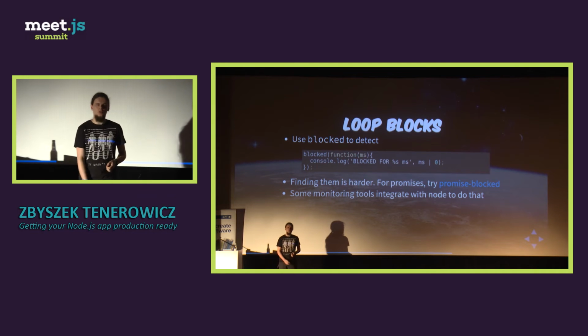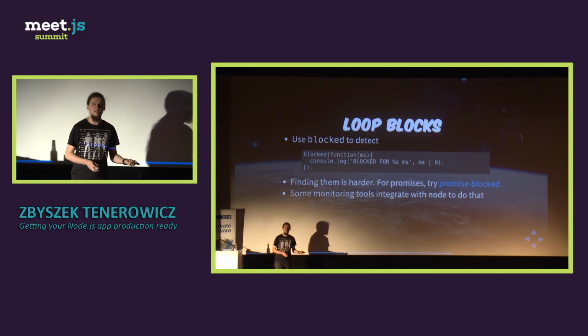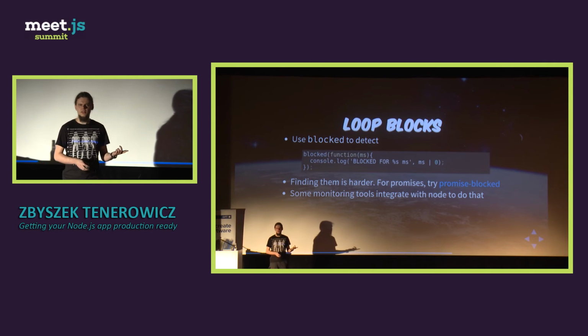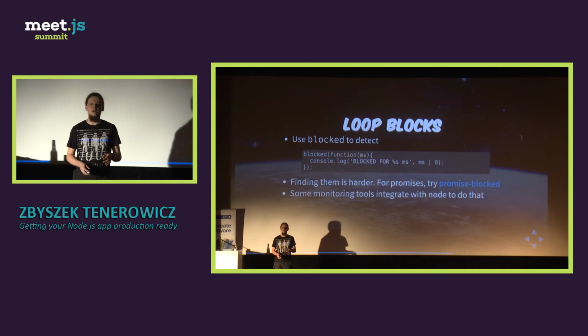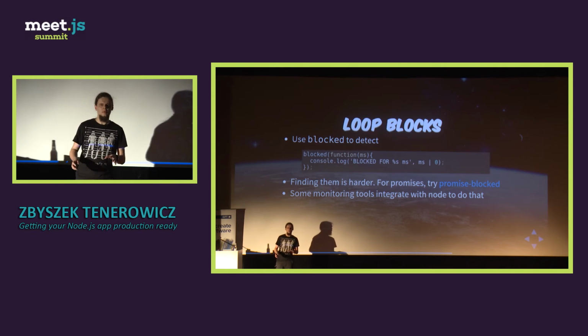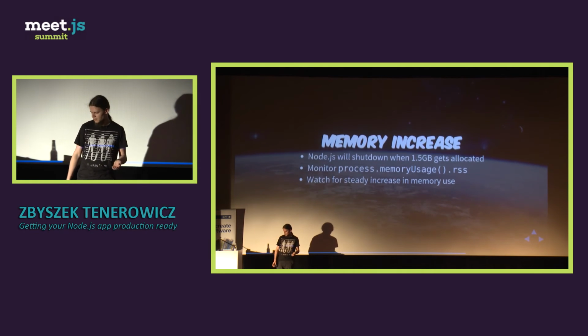OK, and there's a tool that integrates with Node for that. AppDynamics has a tool like that. I guess New Relic also. And I saw Keymetrics, which is the people from PM2. They also have some tools, but they differ in what they can do.